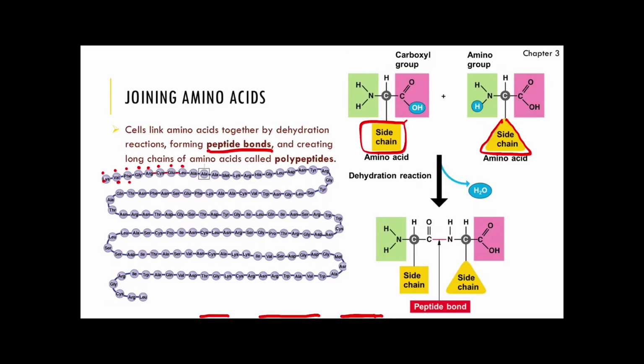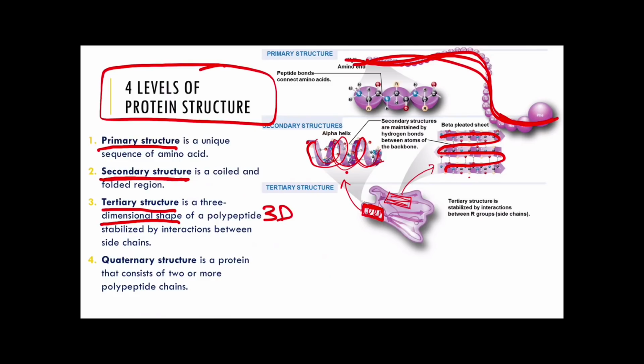فالسايد chains يصير بينهم interaction، وهذا الانتراكشن يساعد على إنه يكون في التفاف. So interactions between side chains. The quaternary structure اللي هو المستوى الرابع is made of 2 or more polypeptide chains. هذا المستوى الثالث هو 1 peptide chain التف على نفسه، بس واحد ملتف على نفسه.